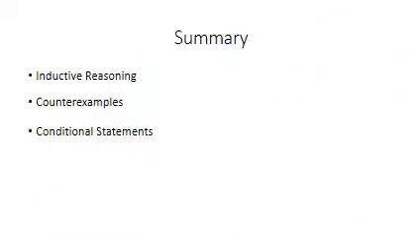So we've looked at inductive reasoning, which is making a conjecture or a rule based on an observation. We've looked at how to disprove statements created through inductive reasoning by finding at least one counterexample that proves it false. And we also looked at ways of writing our conjectures using if-then statements, our conditional statements.